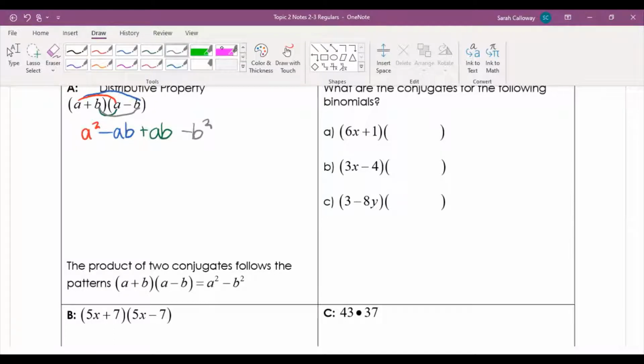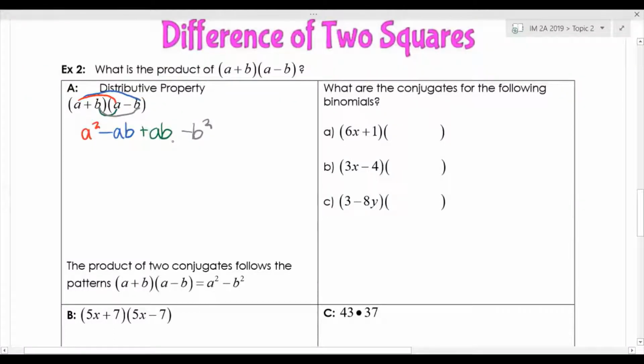So with the perfect square, the like terms combined. In this one, I have a negative ab plus a positive ab. And so this ends up just being a squared minus b squared. Okay, so if I have a plus b times a minus b, I end up with just a squared minus b squared.